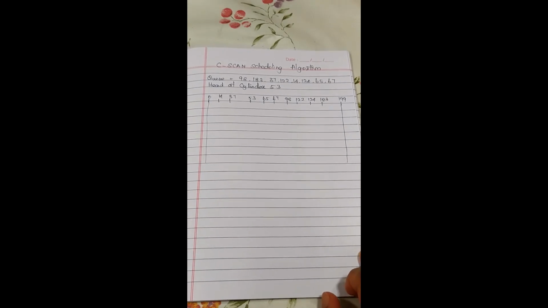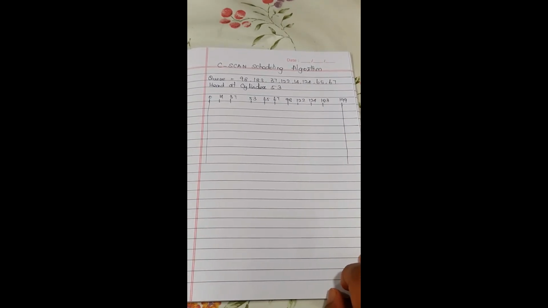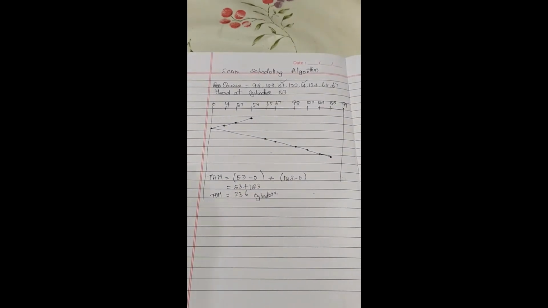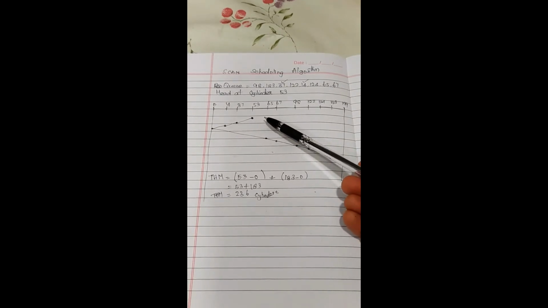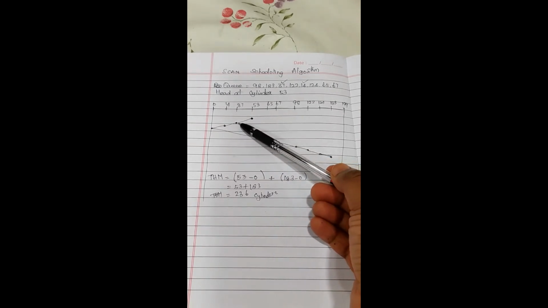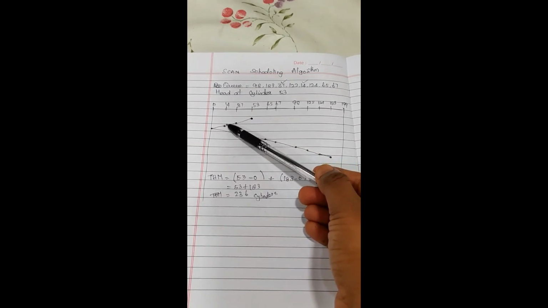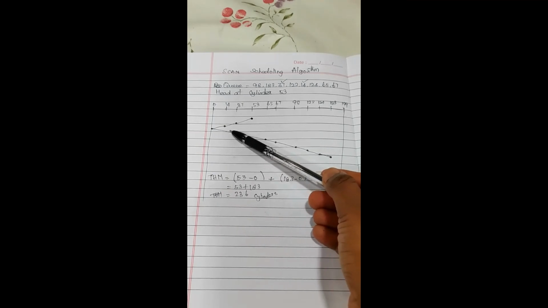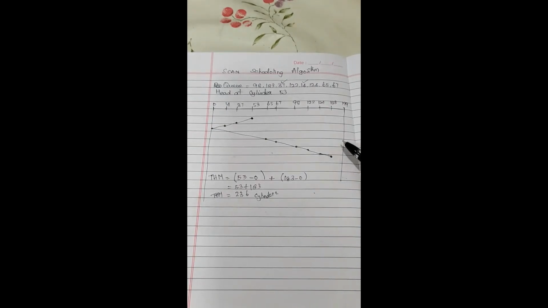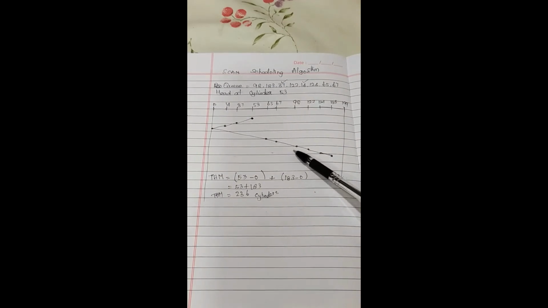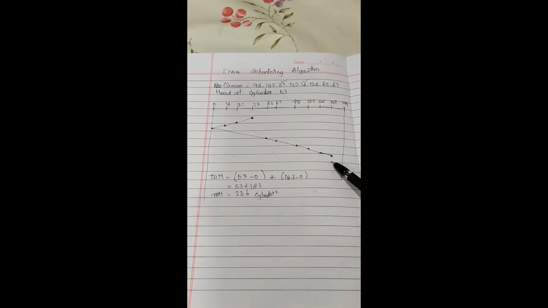Okay, the next algorithm is the C-scan scheduling algorithm. Let's go back to the scan scheduling algorithm we saw before. In scan, assume that the disk arm moves towards 0, so it serves the two requests on the way, 37 and 14, and while it returns to the other end, it serves the other six requests: 65, 67, 98, 122, 124 and then 183.